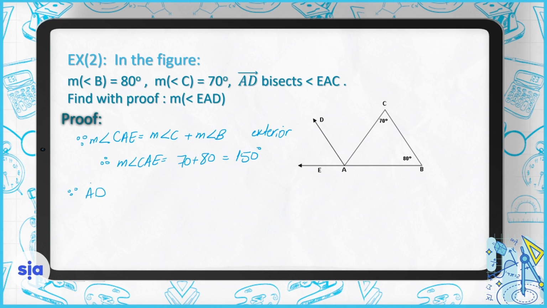Since AD ray bisects angle EAC as given, therefore the measure of angle EAD is equal to 150 divided by 2, which is 75 degrees.